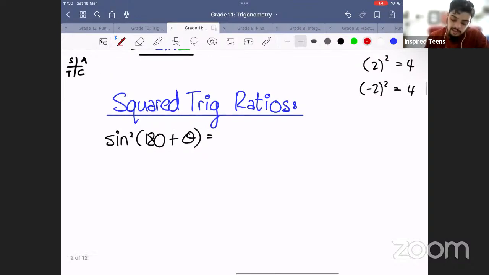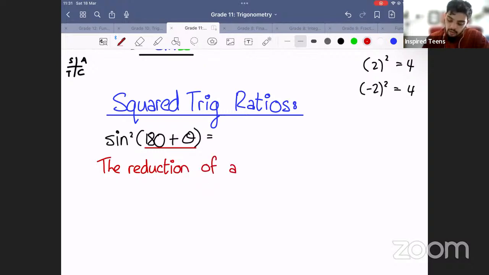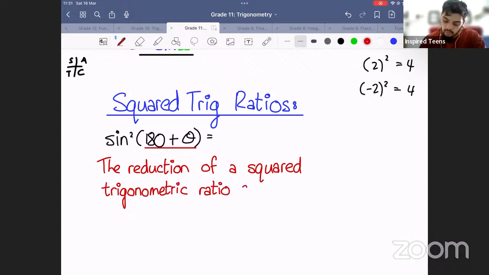That's why the reduction angle, listen to my words carefully, I'm going to write it down: the reduction of a squared trigonometric ratio cannot make it negative.